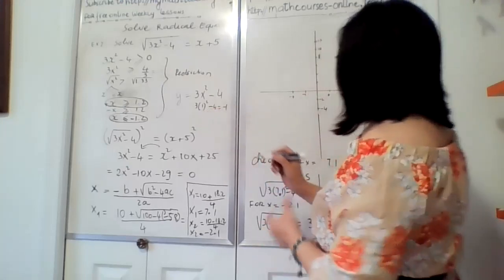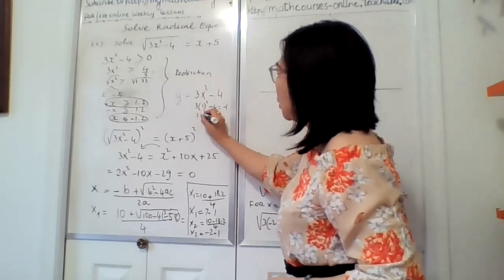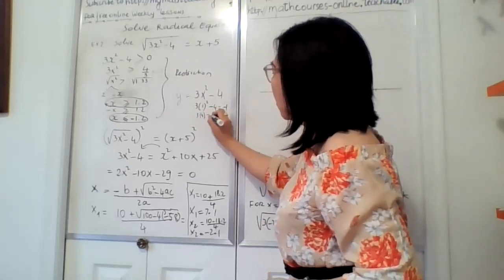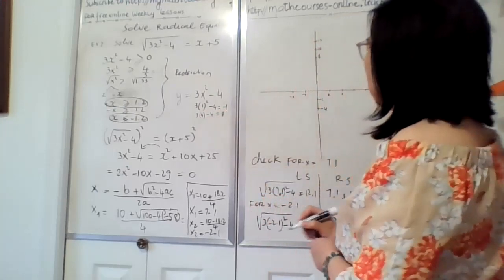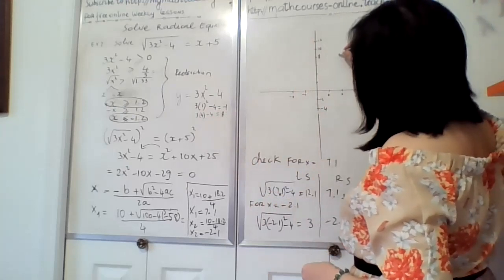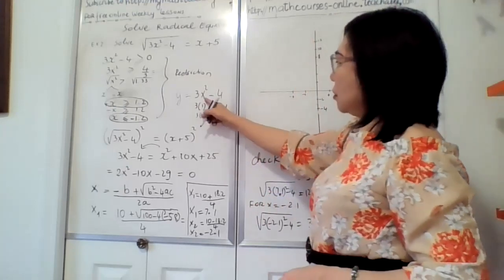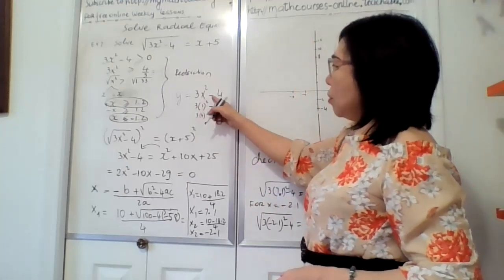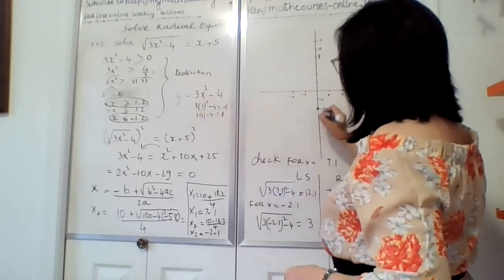If x is 2, it will be 3 times 4, minus 4, which is 12 minus 4 equals 8. So if x is 2, our y is right here. That's another point. And if x is 0, then our y will be minus 4. That's the point.